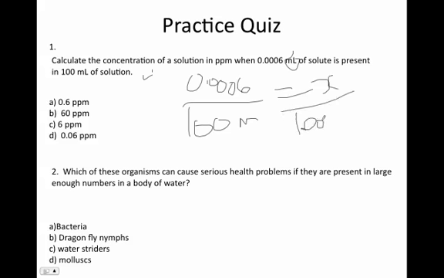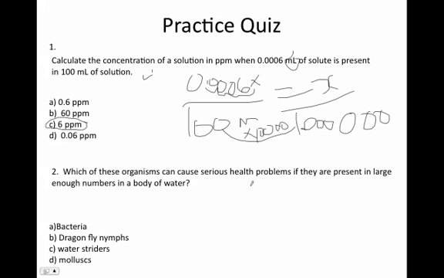We have to times by 10,000, so we times the top by 10,000. That's moving the decimal place 4 places to the right. So the answer would be 6 parts per million.